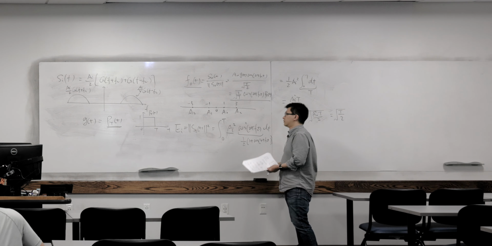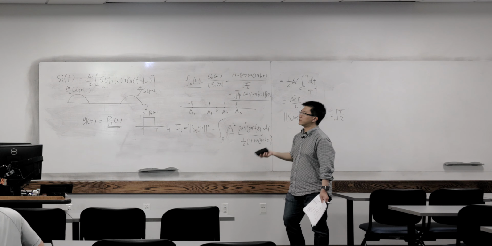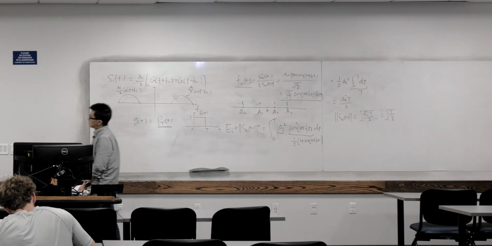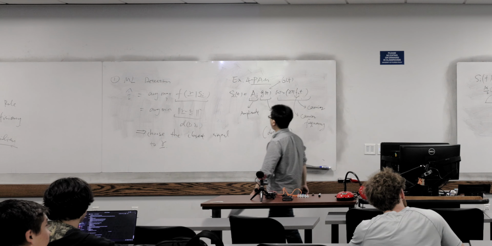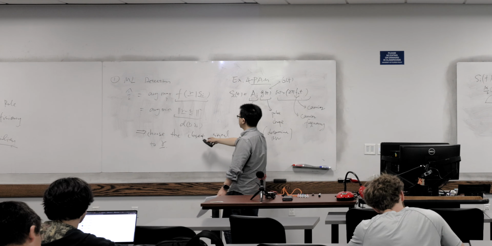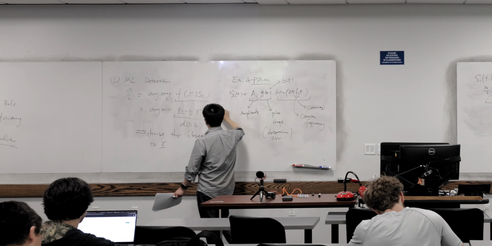Given f_0, now we could compute our signal space representation. Remember the distance decision rule.